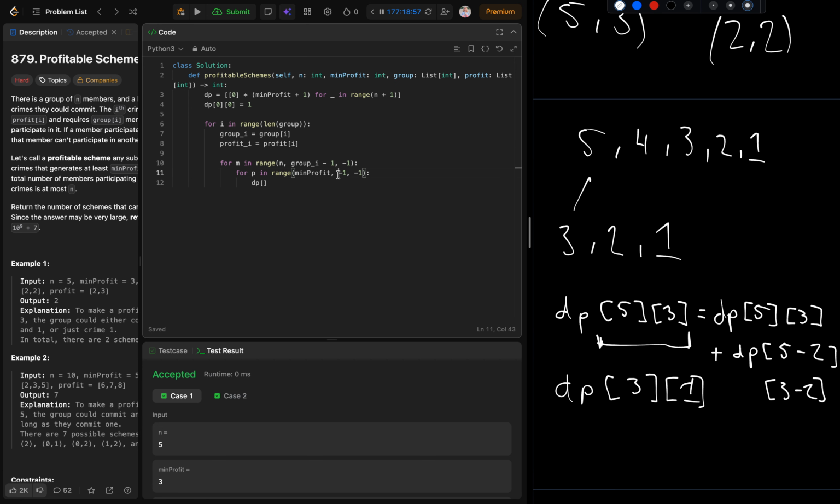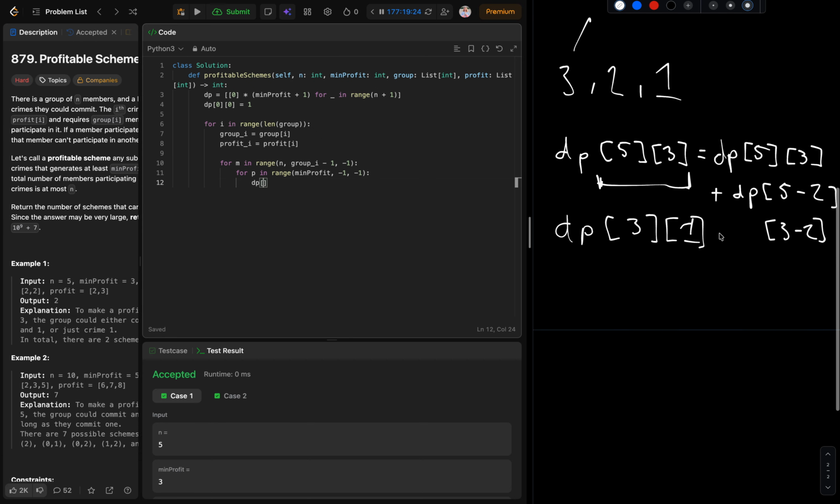But obviously you can see that if you add that crime, as long as the amount of men is not negative, no matter how you add it, your profit will be greater than the min profit.